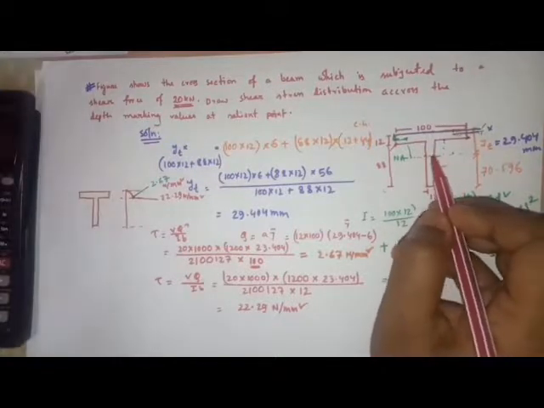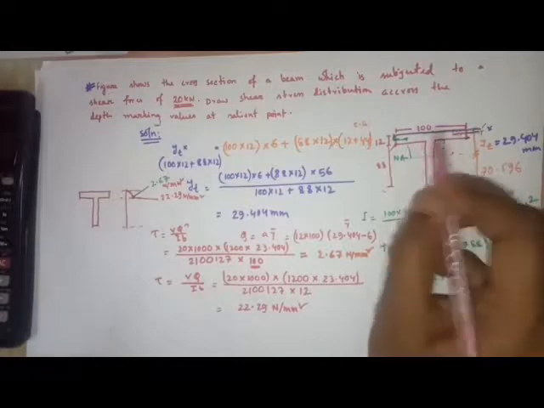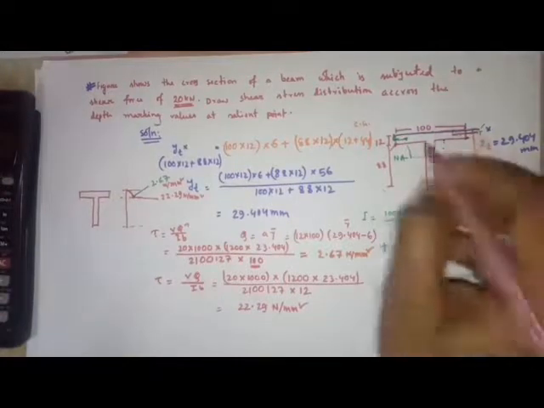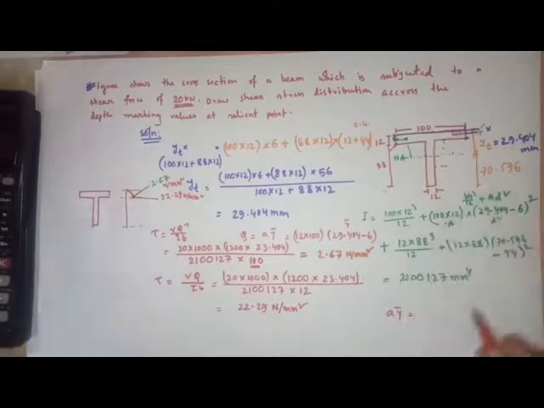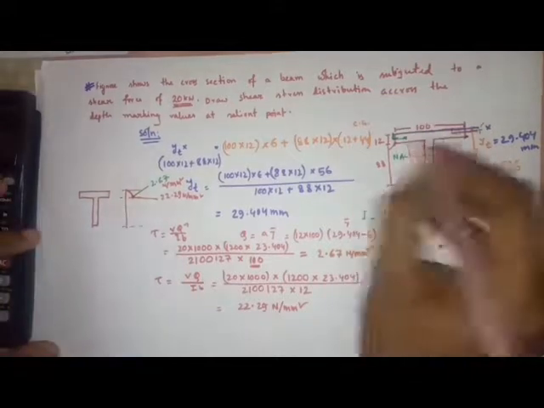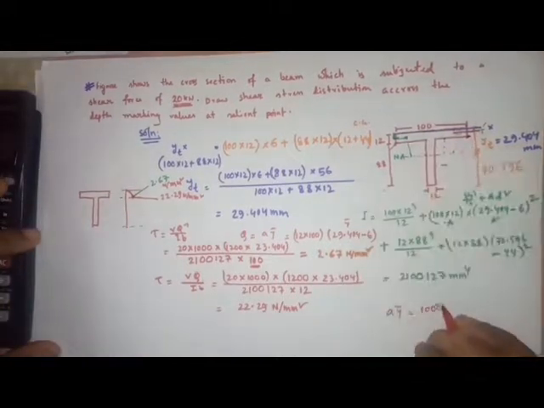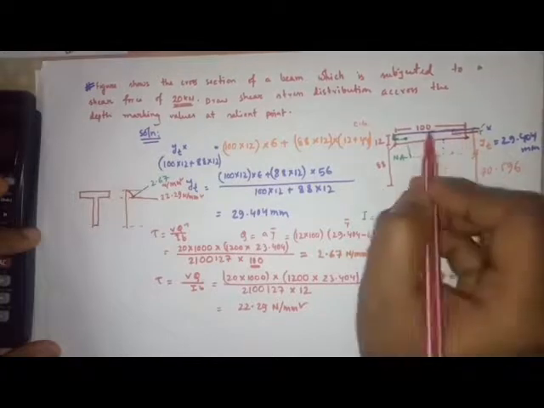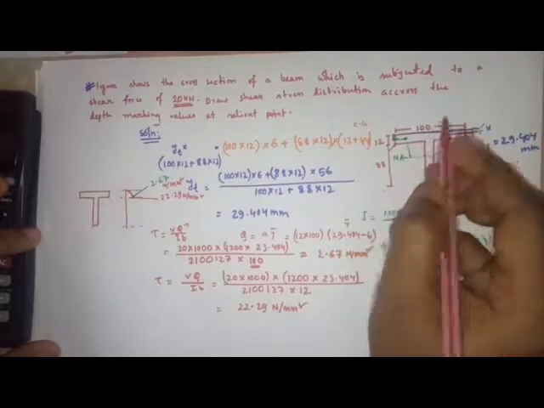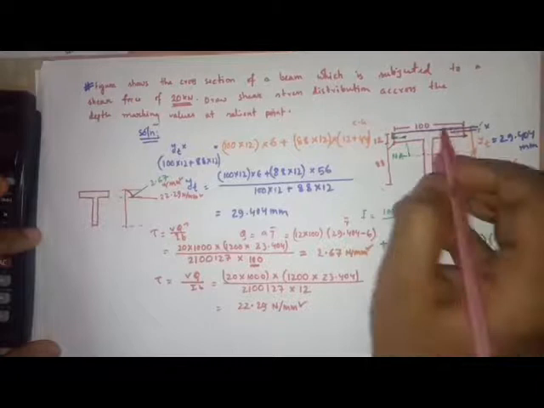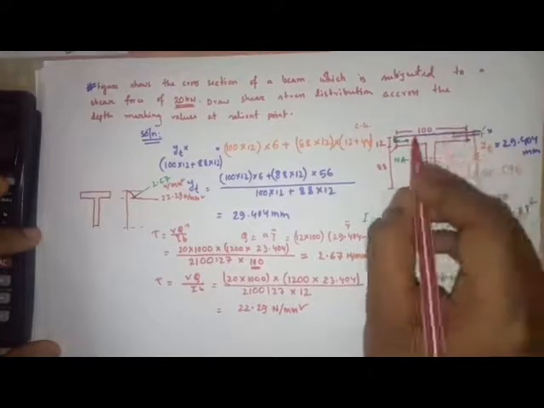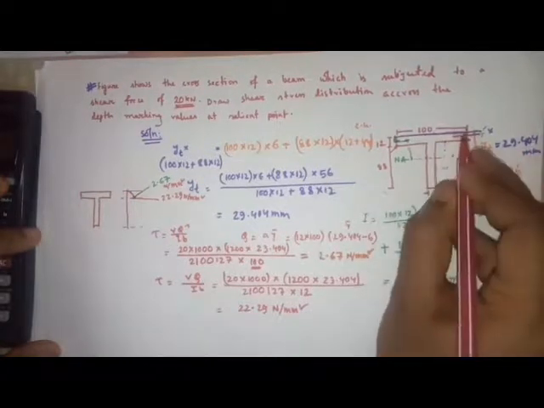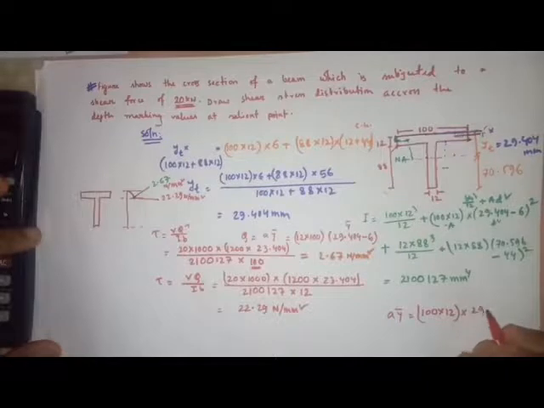This is nothing but this upper portion. Y will be the centroid, and A for this section is 100 into 12, so 100 into 12 into this one's centroid, which is 29.404 minus 6.